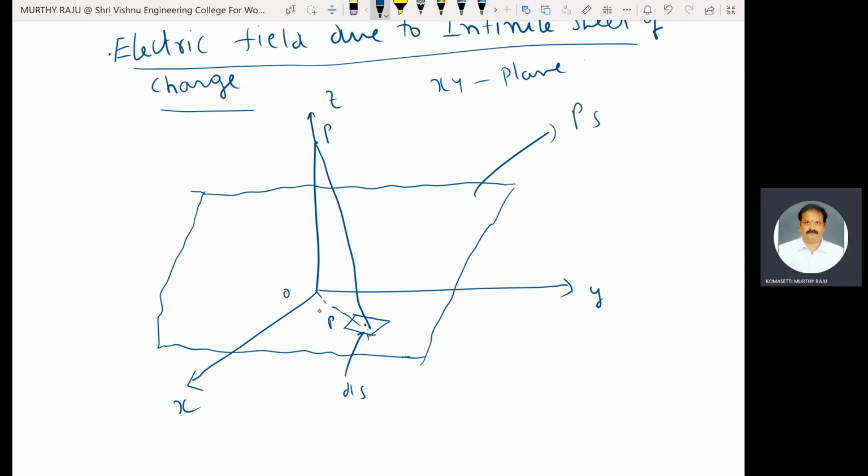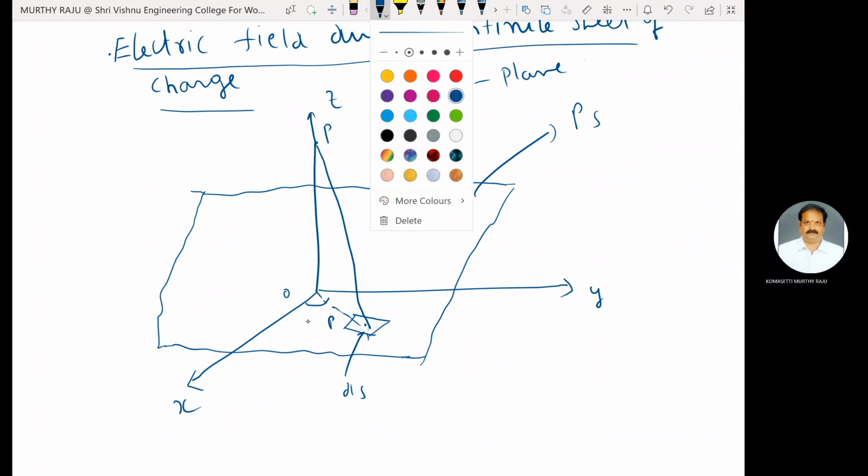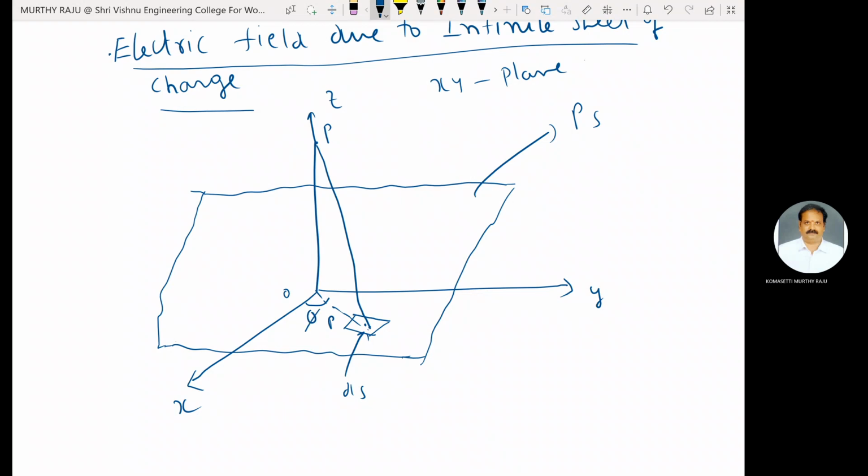This one is rho, this one is d phi. Not phi, this one is pi. R vector, this one is R. This one is the Z axis.